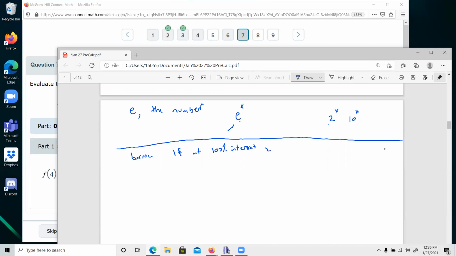What we're going to do here is change the compounding so the period gets smaller and smaller and smaller.